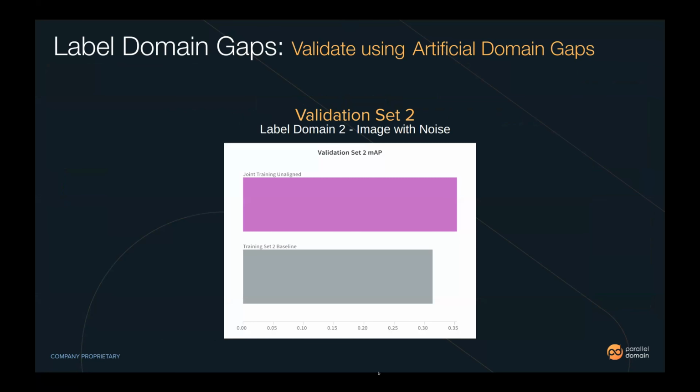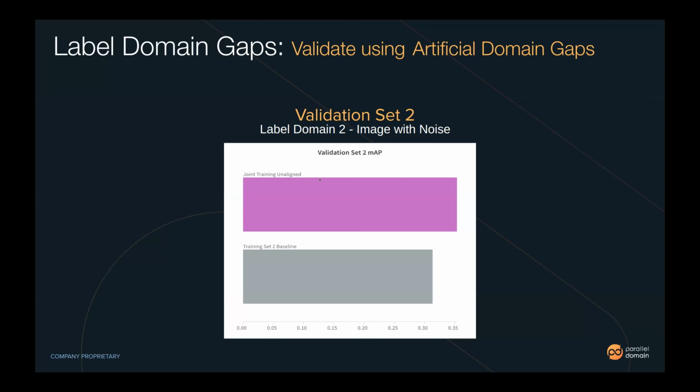So when training on this, you can see our baseline here. We also noticed that we weren't really aggressive with introducing label domain gaps here, so you still get a slight improvement here. But what's really interesting, if you look at this jointly trained network, so the gray one would be our baseline, just training set 2, and this one would be jointly trained on both.